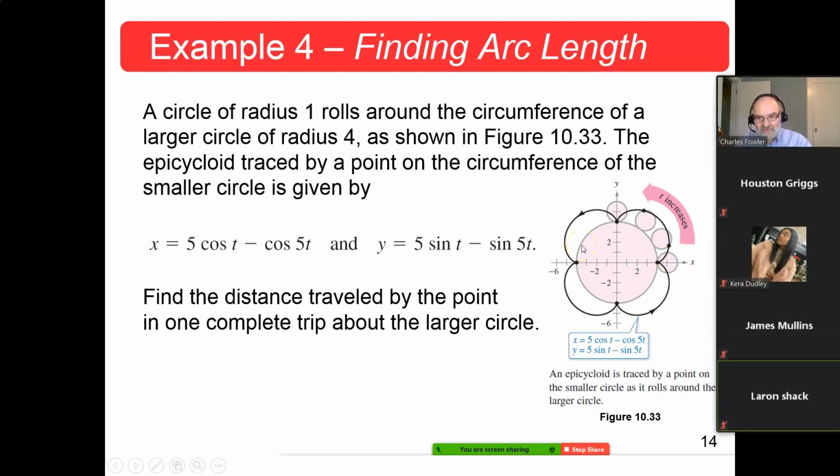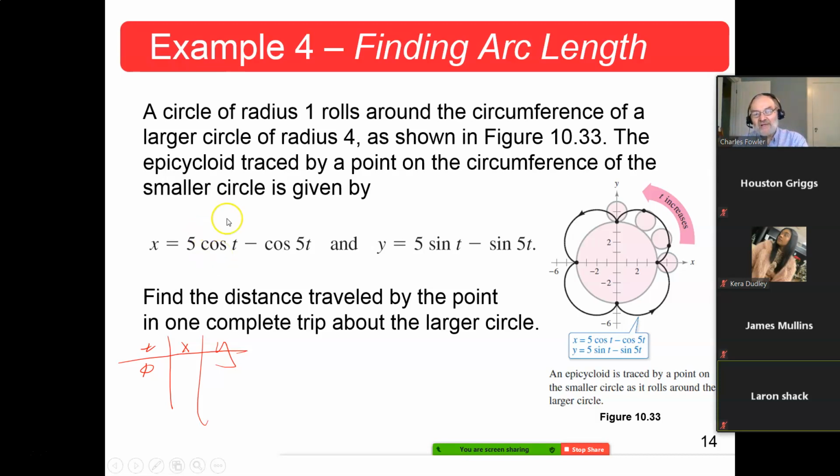When t is equal to 0, let's do our little table again. We're not going to do it quite as fully as they did last time. At t, x, and y, when t is equal to 0, this will be 5 times cosine of 0. Cosine of 0 is 1. 5 times 1 is 5.